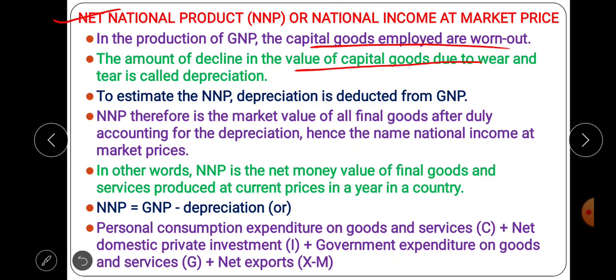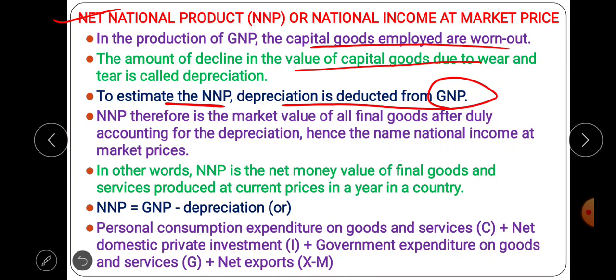That is why, when we estimate the NNP, the depreciation is deducted from the GNP, that is the gross national product.